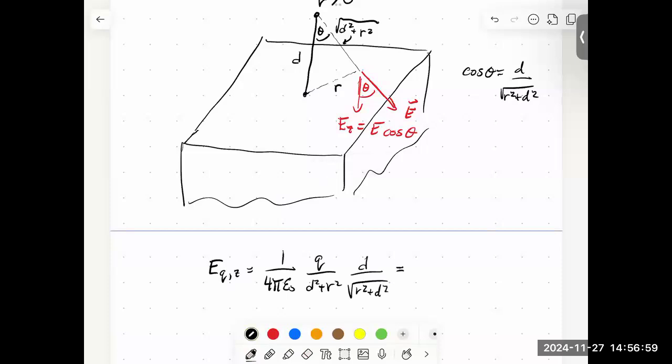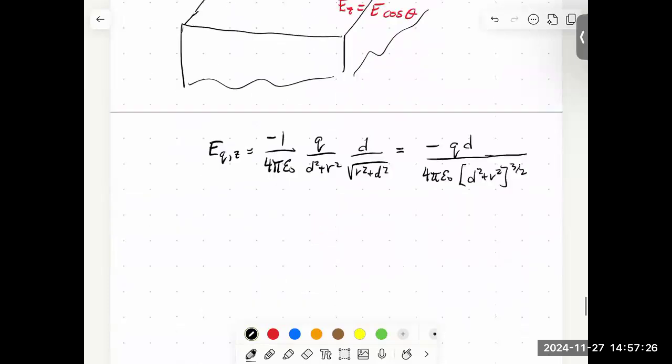We'll put a minus sign because that's pointing down into the dielectric. So this is equal to minus Qd over 4 pi epsilon naught, times d squared plus r squared to the 3/2 power. All right, so that's one of the contributions to our electric field.